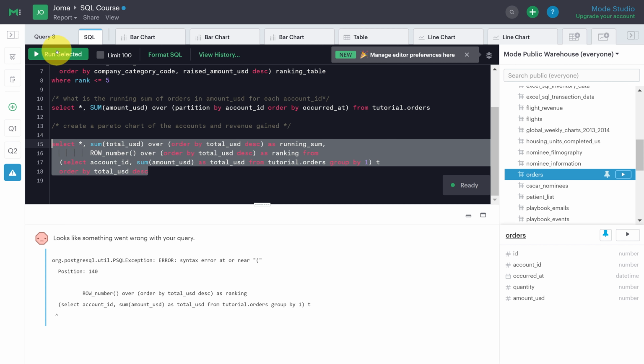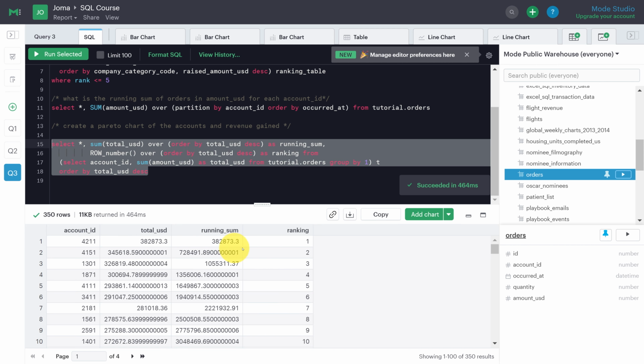Let's see. So here's why I need these two things. Now that we have these two columns, I can say, okay, the top 1 customer made $382,000 for our company. The top 10 customers together have made $3 million for us.